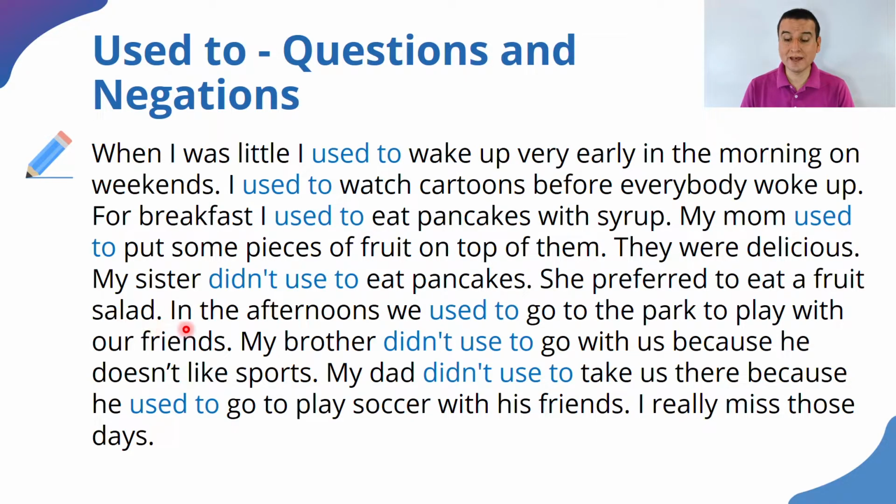In the afternoons, we used to go to the park to play with our friends. My brother didn't used to go with us because he doesn't like sports. We could say he didn't like sports as well, but even up to this moment, he doesn't like sports.